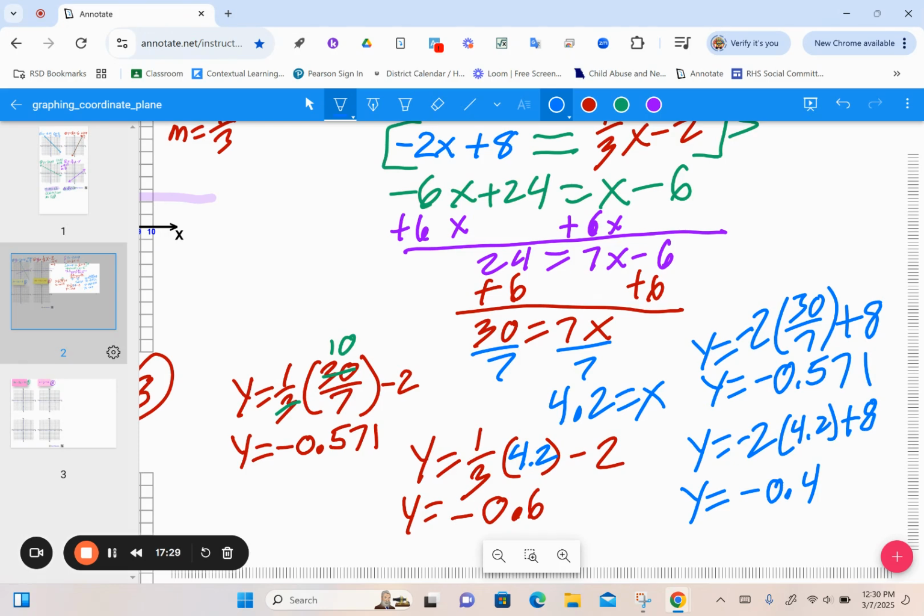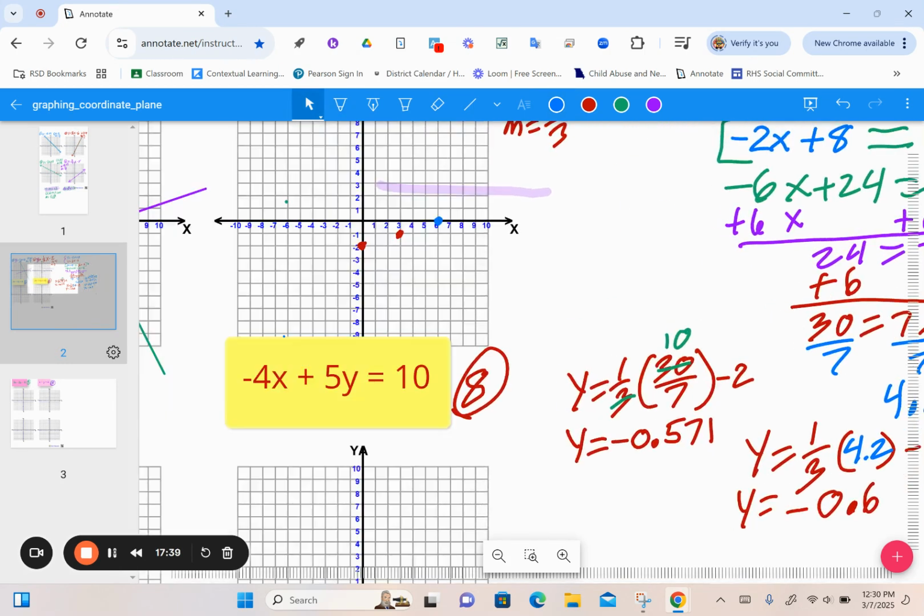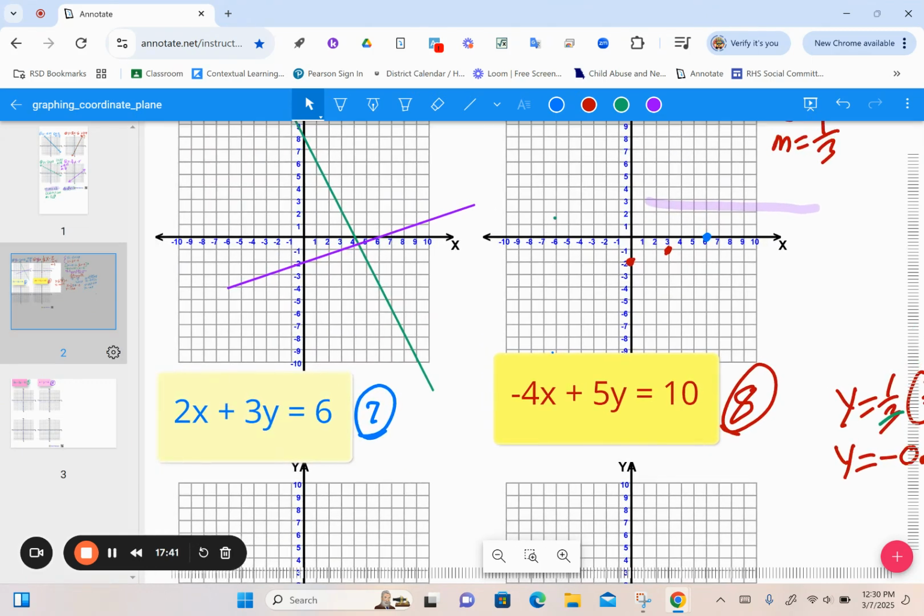But if you put it in, you're going to be off a little. All right. So when you plug in the exact answer, it'll be dead on the same. So what that's saying is this system of equations intersects at this point, and that point is 30 over 7, comma, negative 4 over 7.